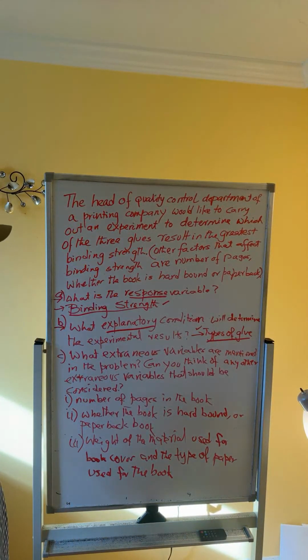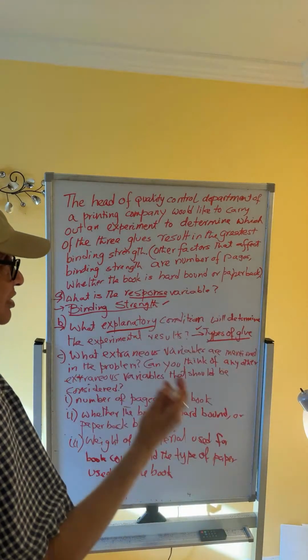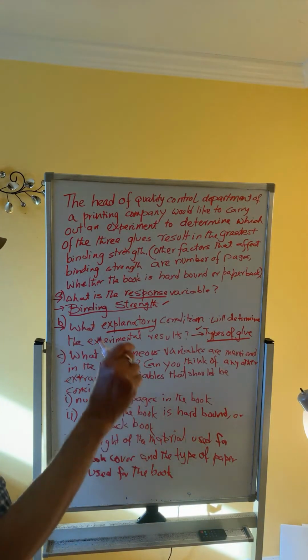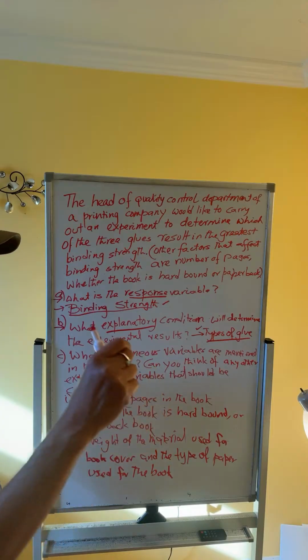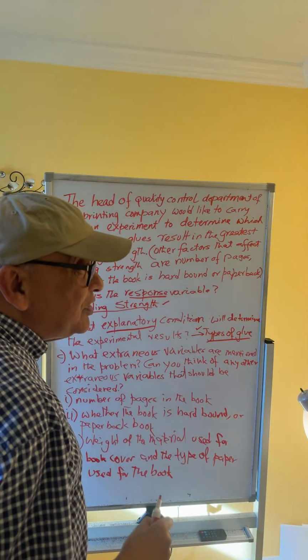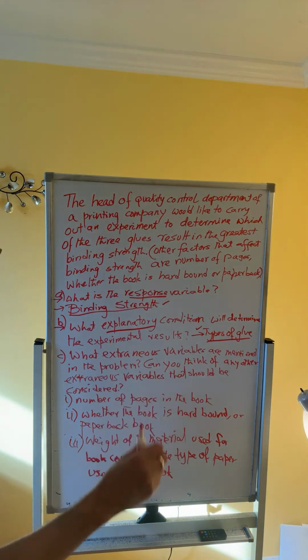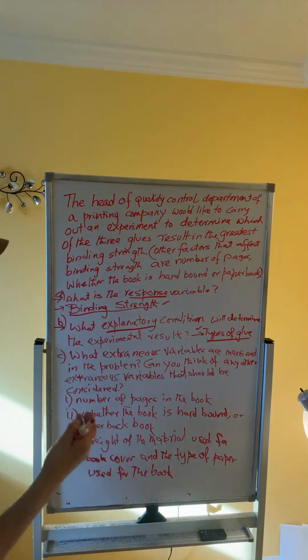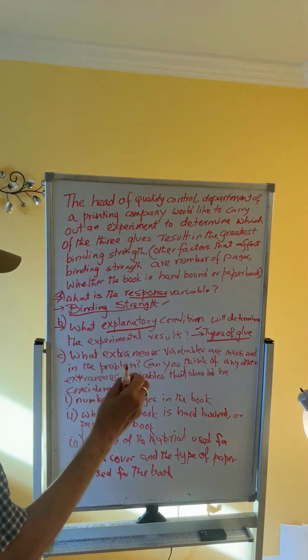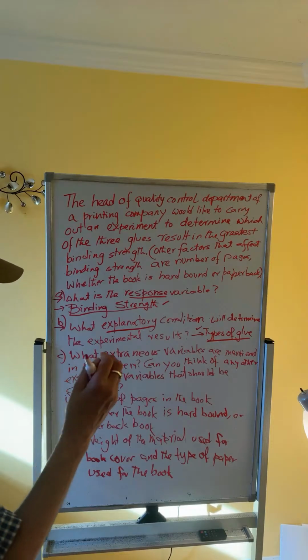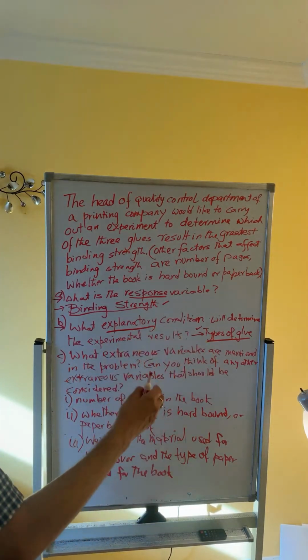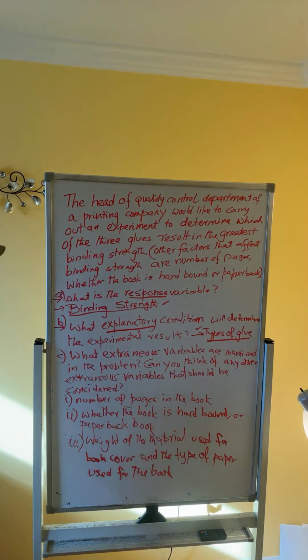The third one, which could be an extraneous variable, is what material you use for the cover and the back of the textbook. Is it heavy? Similarly, the kind of paper used to print the textbook, is it heavy? That will also affect the binding strength.